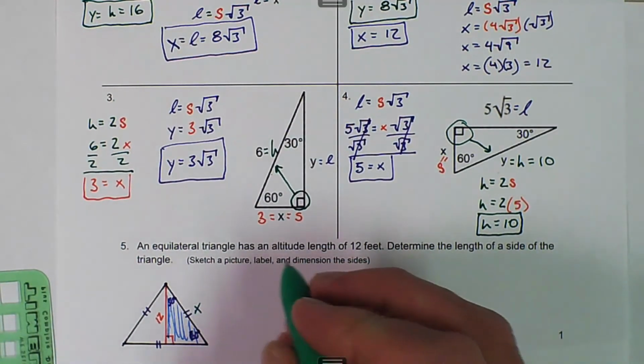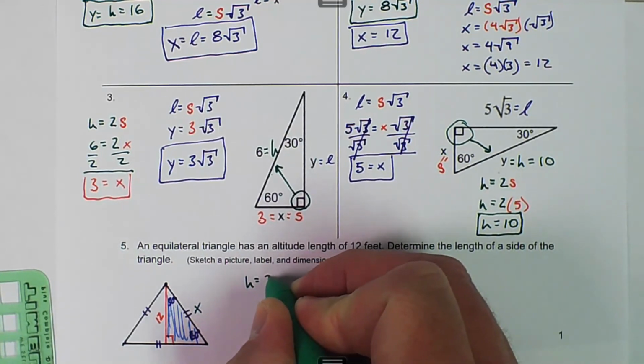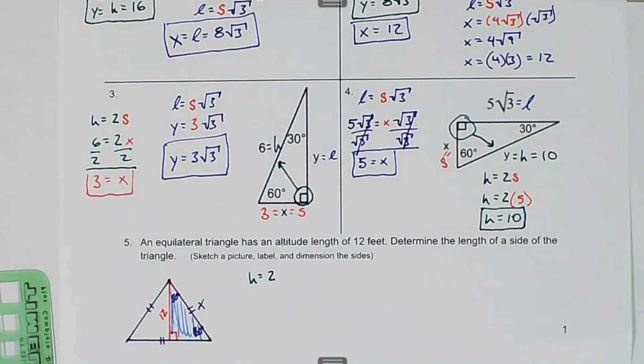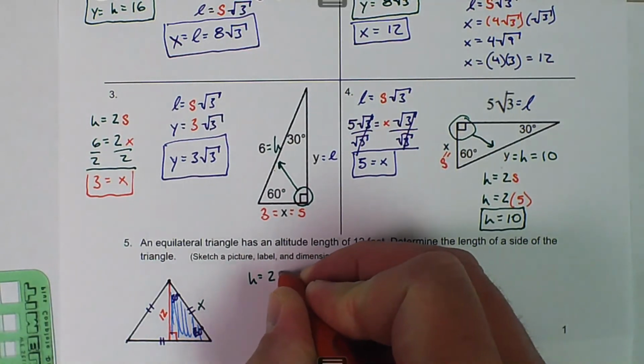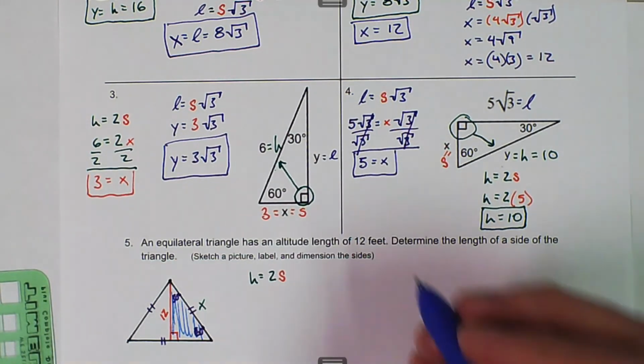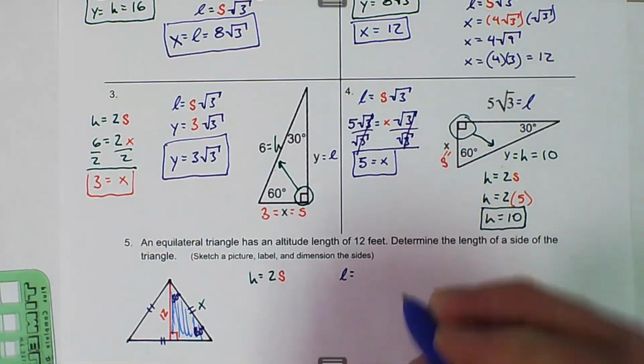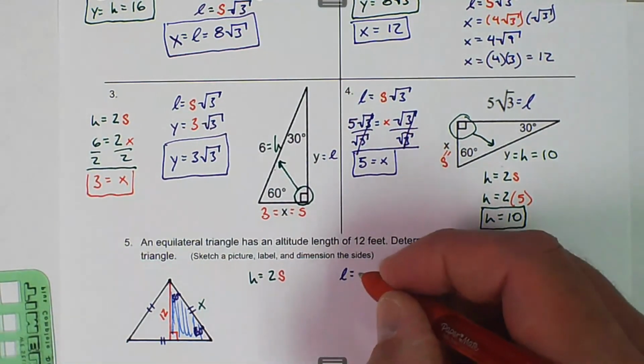So we can use the equation H is equal to 2 times S. So here's our hypotenuse. We don't know the short side yet. So now we're going to have to use the long side. So the long side is equal to S times the square root of 3.